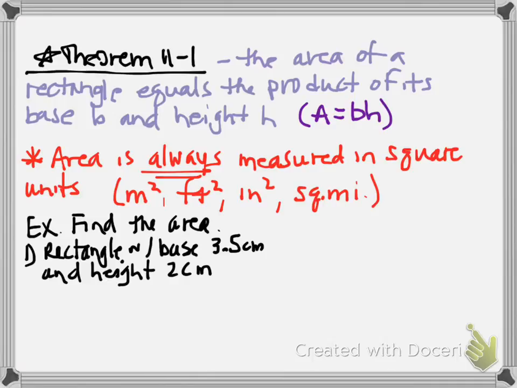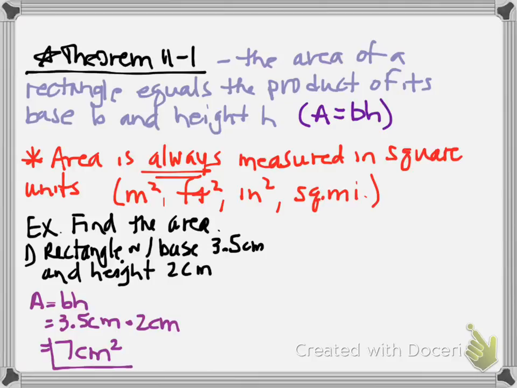So that fits into our formula really easily, where we have the area is going to be the length of the base times the height. So we're going to get 3.5 centimeters times 2 centimeters. Well, 3.5 times 2 is 7, and centimeters times centimeters means I get 2 of them, so that's where I get the square unit. When I'm multiplying, I add exponents. So there's your answer, 7 square centimeters.